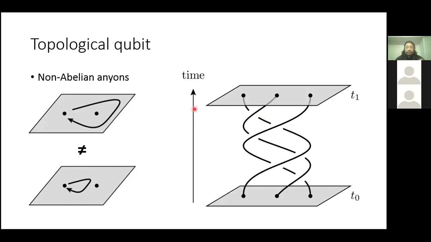perturbations. And the question is, how do we realize these non-abelian anyons? We know that anyons are not bosons or fermions, but something in between, and their exchange is quite different from these conventional particles.